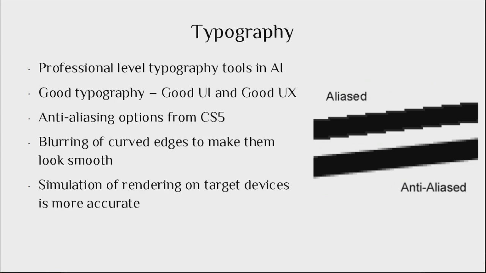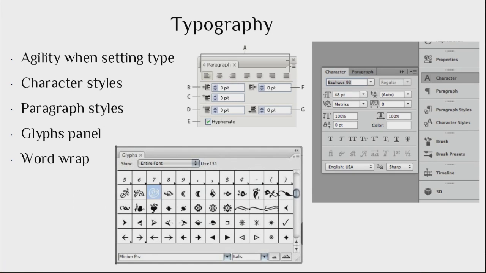So let's go ahead, and in typography you have agility when setting type, which means you have various options and various tools to work with, and you have complete freedom in changing how a certain thing looks. So you have character styles and paragraph styles. Character styles talk about just a character, how a character has to change its size, width and scalability and all that.